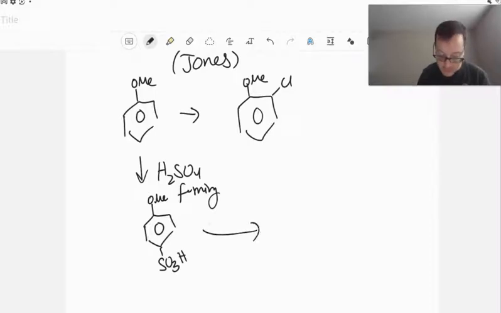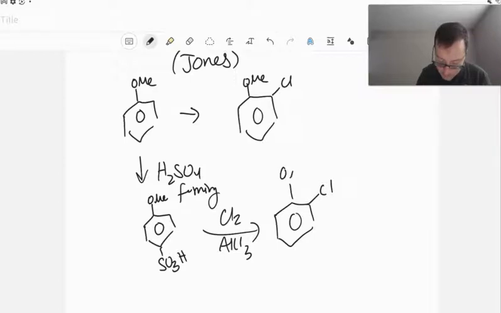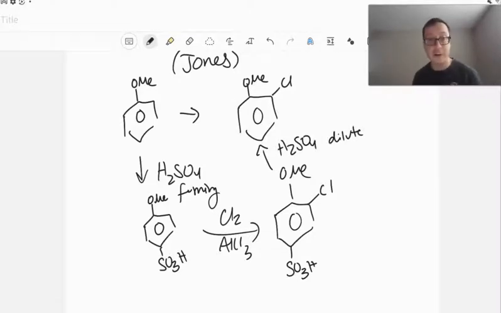Then do your Cl2, AlCl3 or iron, and you'll get the product with the sulfonate, and then you just use dilute sulfuric acid, and that way you guarantee it, right? Because if you just throw the chlorine on, you'll get a mixture of products, some para, some ortho. So if you want to guarantee it, you'll have to block it off.